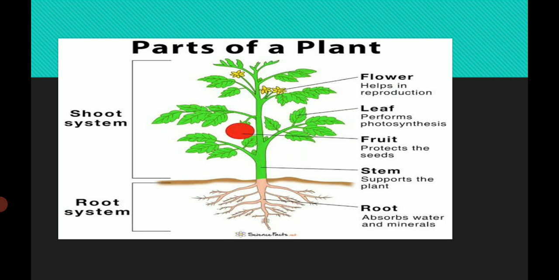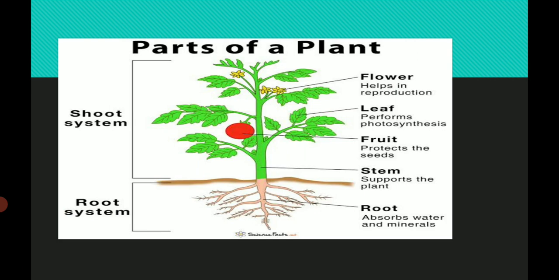Leaves also help in exchange of gases and give out extra water through small pores called stomata. Stomata are present on the surface of a leaf, and the stomata help the leaf to take carbon dioxide and give out oxygen at daytime.